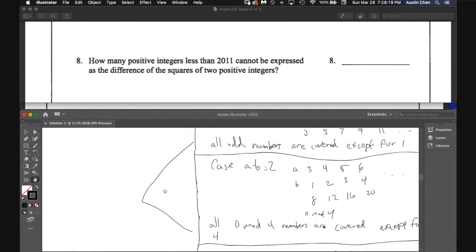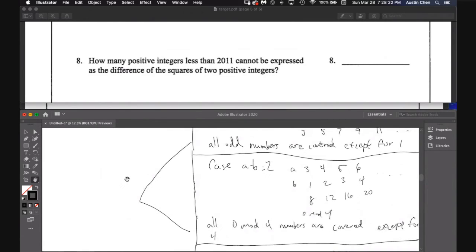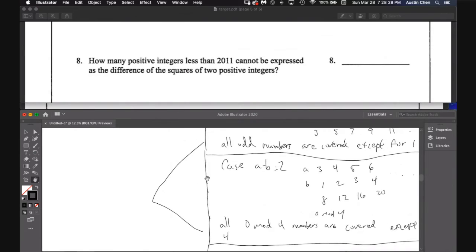So what is that going to be? Well, the complement of the set of all odd numbers except for 1 is going to be all even numbers, 2, 4, 6, 8, etc., but also with 1. Because this set does not have 1, the complement of it has to have 1.